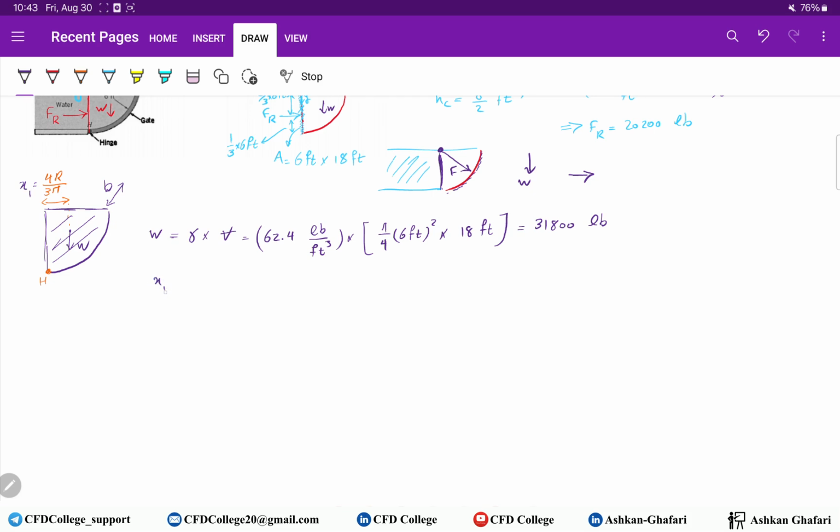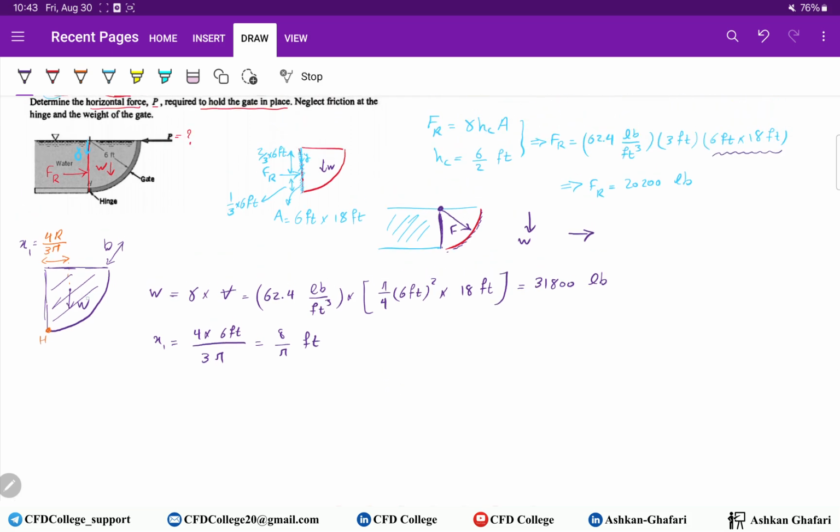Now this distance, for example, x1 equals 4 times r, 6 feet, divided by 3 pi, equals 8 over pi feet. Now we have the magnitude of the forces, W and Fr, and the distance between these forces and the hinge.